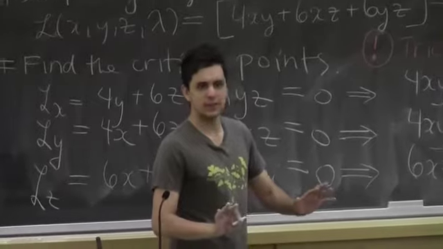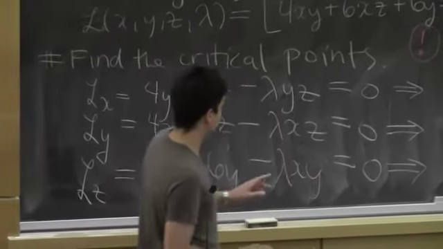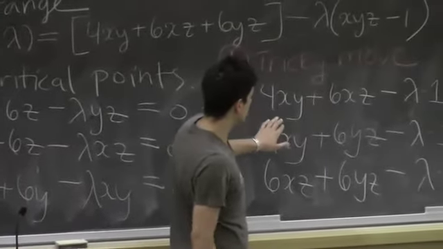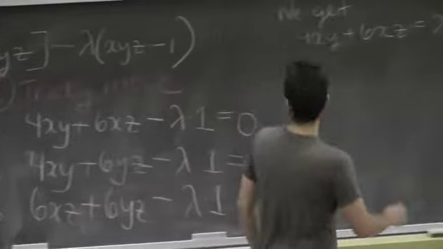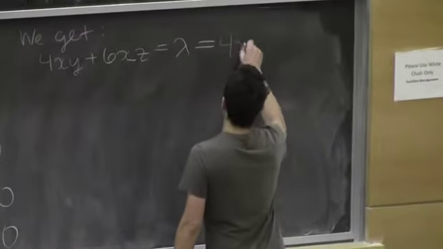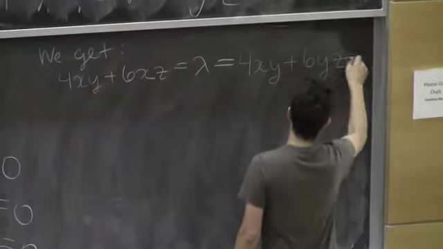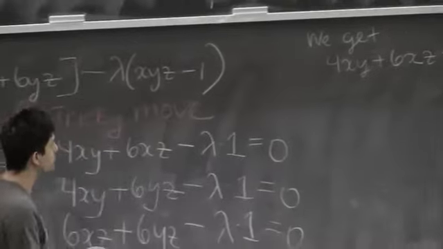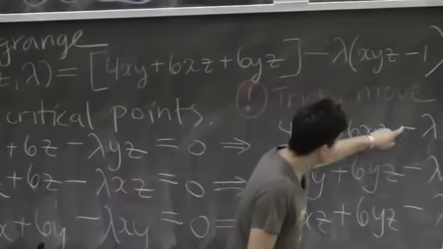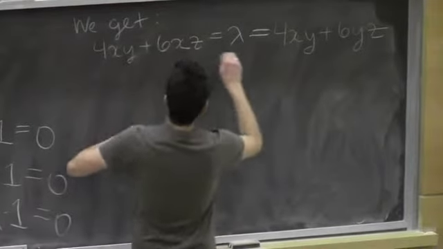Yeah, thoughts, questions there? Okay, so here we've got something equal to lambda. We can set that equal to our next line. Okay, so this is a very helpful move, isolating for the lambdas, because now it gives us relationships among our variables.